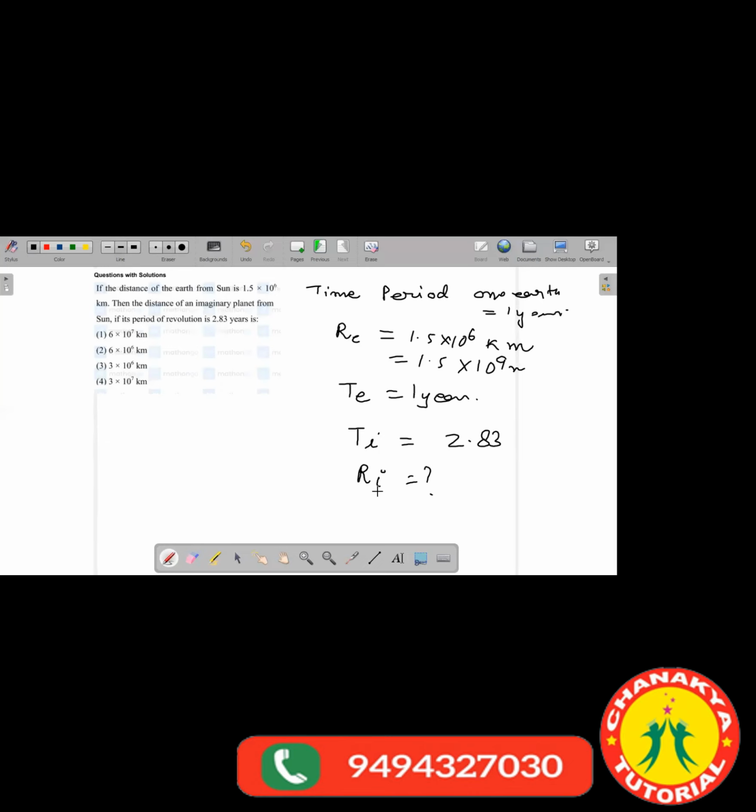Which of Kepler's laws unites radius and time period? That means distance and time period. Don't we have T square proportional to R cube?